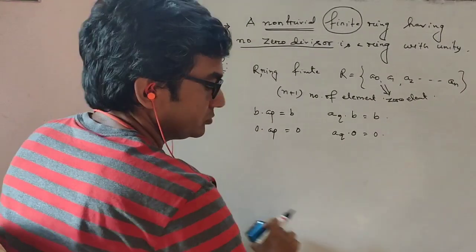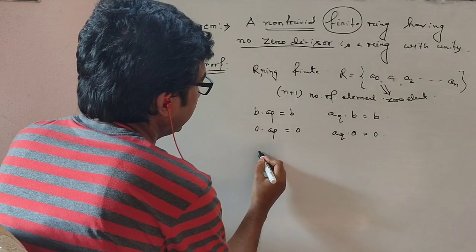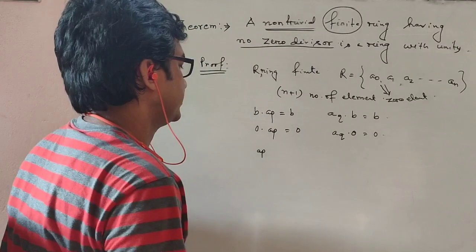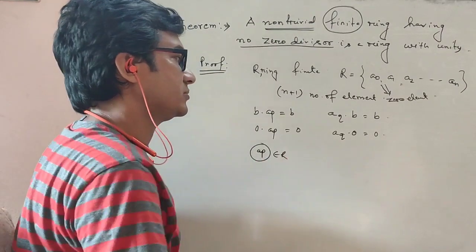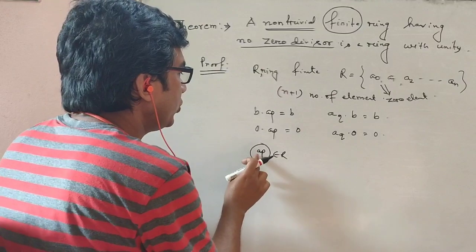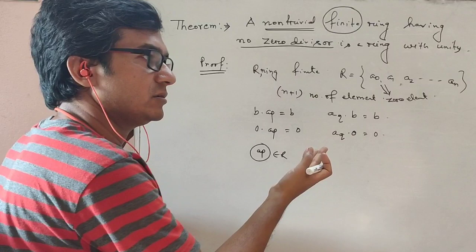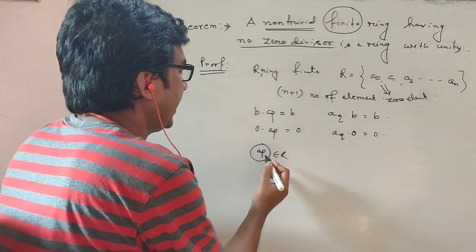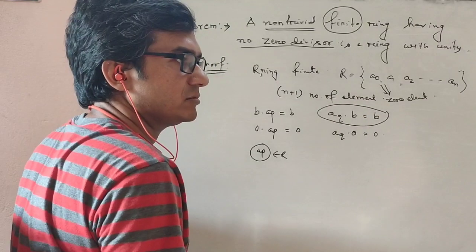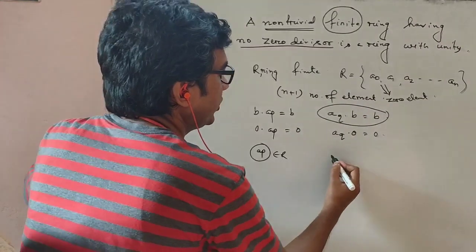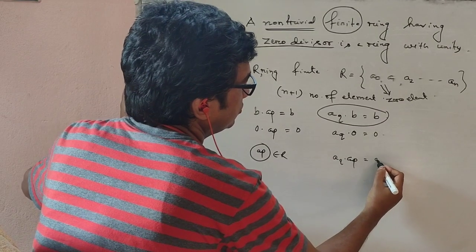Now we consider AP, which is also an element of R. Then we replace B by AP and we get AQ·AP equal to AP.